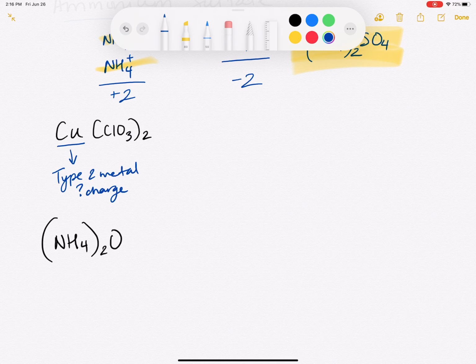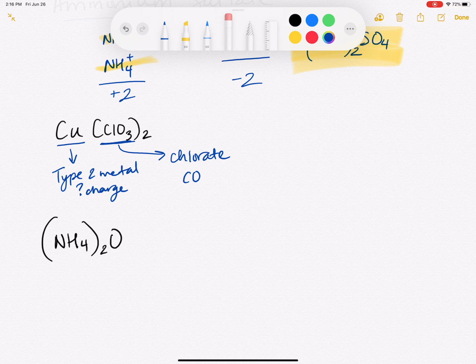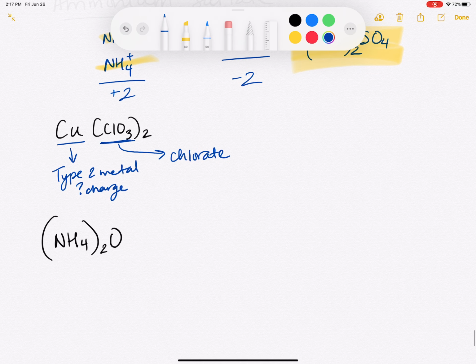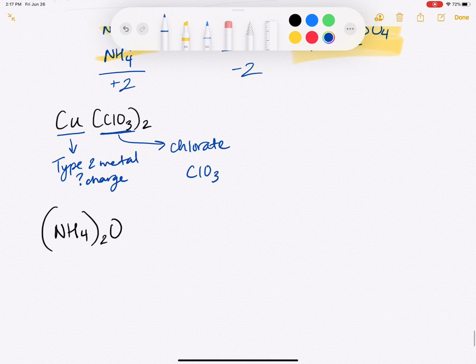And so when I look at my nomenclature packet, if I find ClO3, I know that ClO3, because I'm getting this straight off the chart, is chlorate. And ClO3 always has a -1 charge. But remember, I have 2 of them.